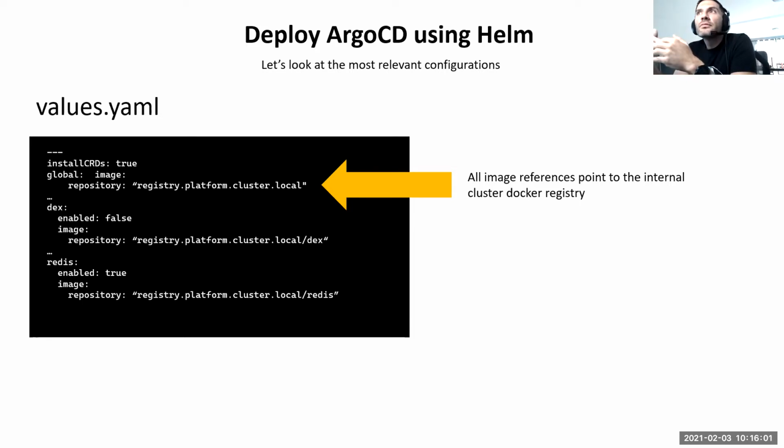All of those charts and all of those images are, basically by means of value overrides, pointed to the cluster resources, right? We have a Docker registry running in the cluster. We have a Git running in the cluster. So every Helm chart that we install is basically a path in the Git repo inside the cluster. Every Docker image in those Helm charts is a Docker image in the registry running in the cluster, right?